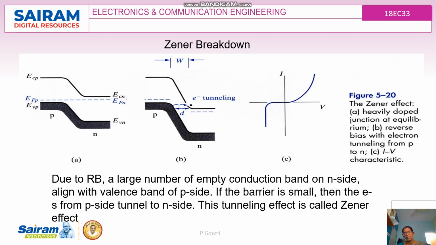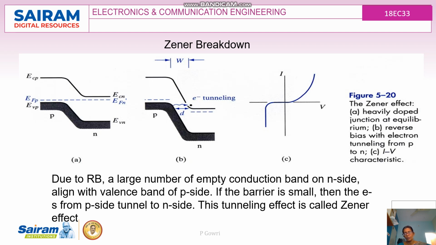Qualitatively, I can say that this is due to the rupturing of the covalent bond. We know that in a reverse biased condition, in the center we will have a depletion region, and the depletion region consists of immobile ions and covalent bonds.